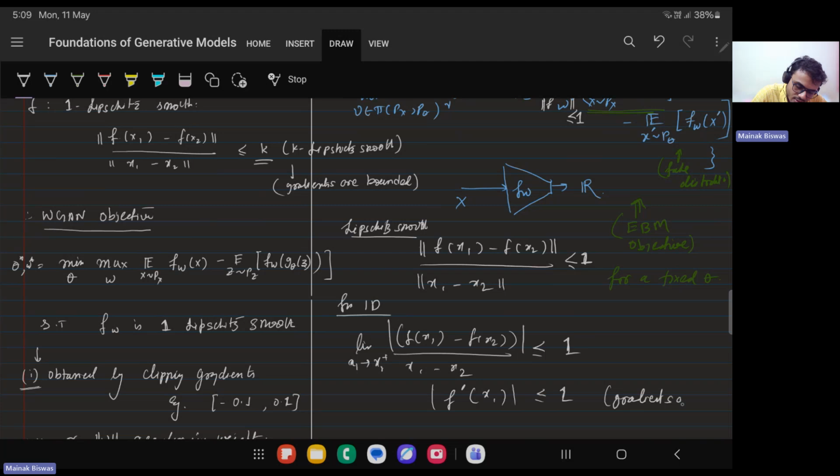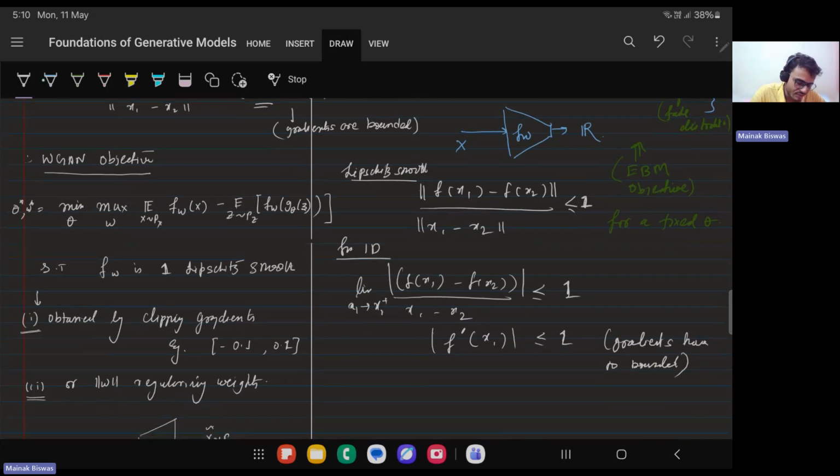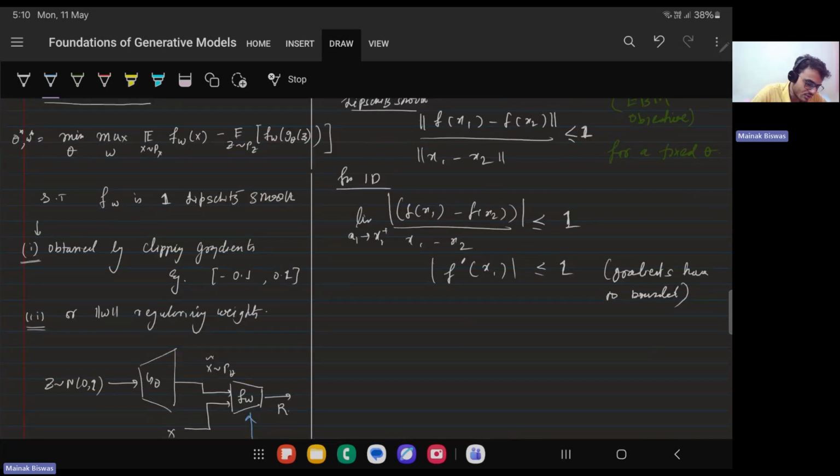Gradients have to be bounded. And therefore, if the gradients have to be bounded, how do we implement it in real life? We'll see that, but let's write down the entire equation first.